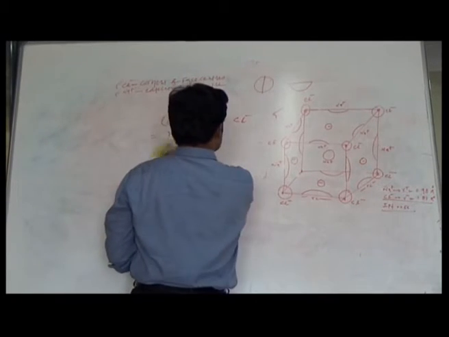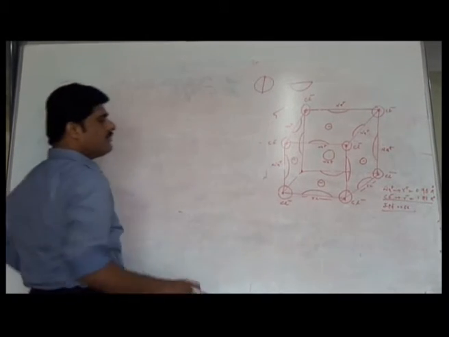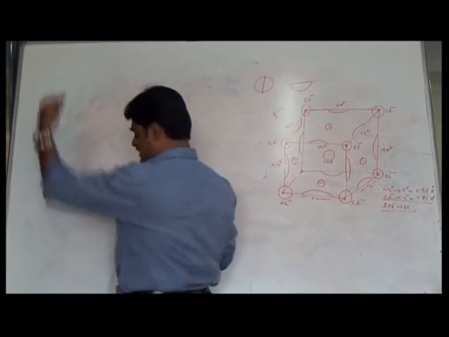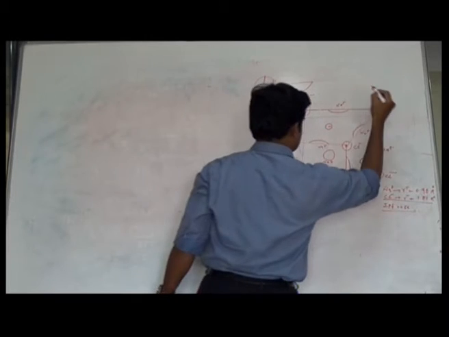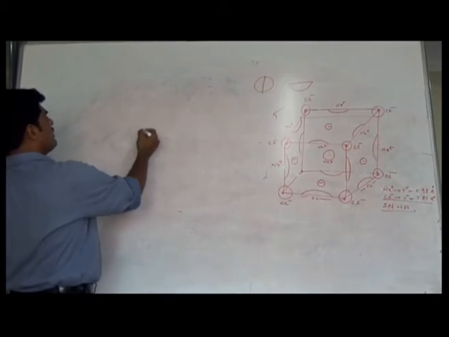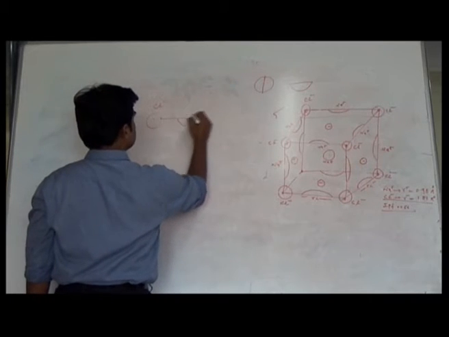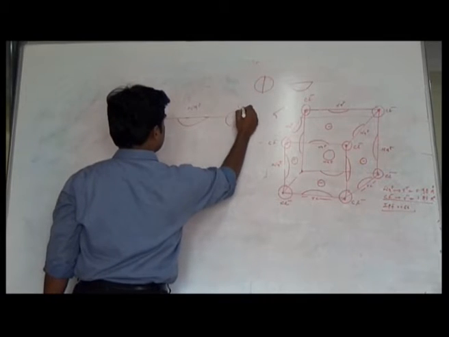Now we'll go to certain calculations. I'm moving here towards the calculation of atomic packing factor, which we'll call the ionic packing factor. Before that, just look at this particular edge. This is Cl minus, and then we have one Na plus here, and then another Cl minus.